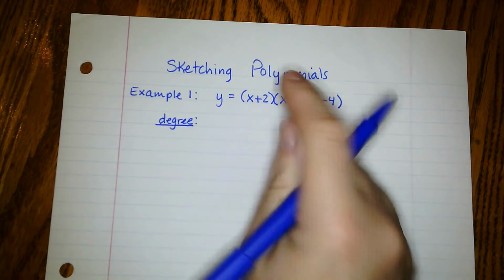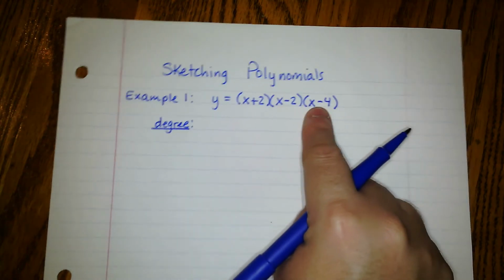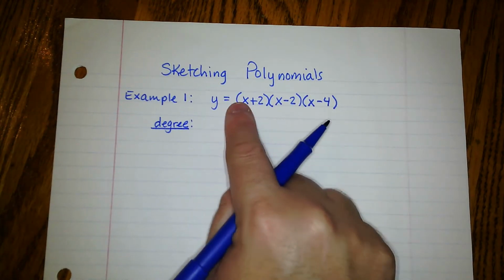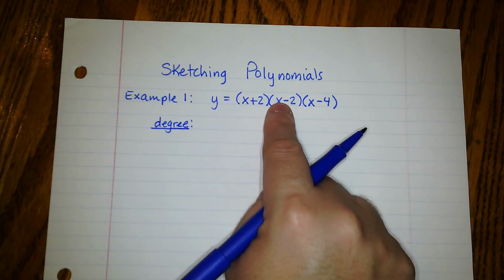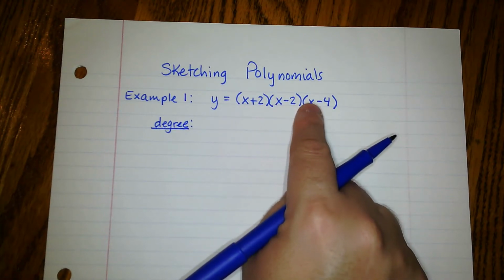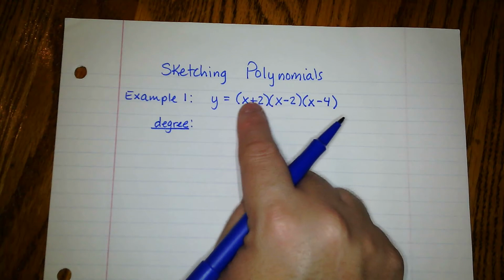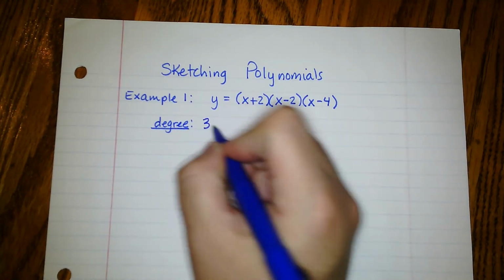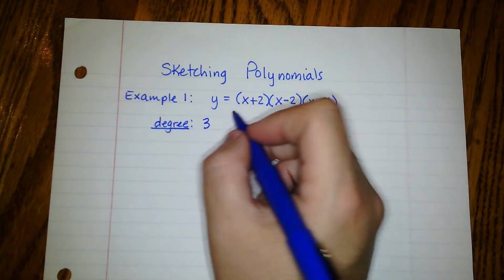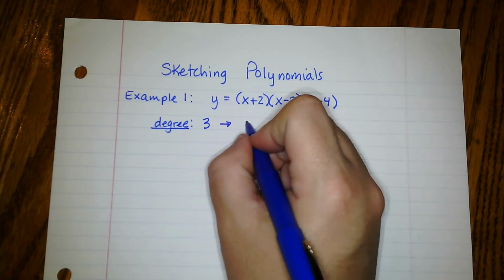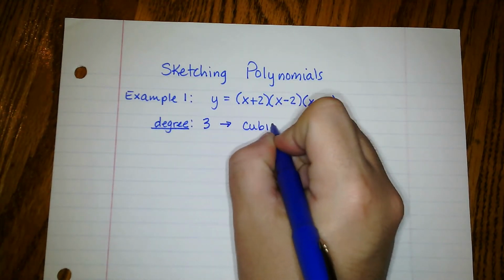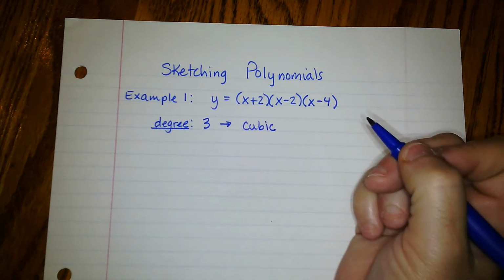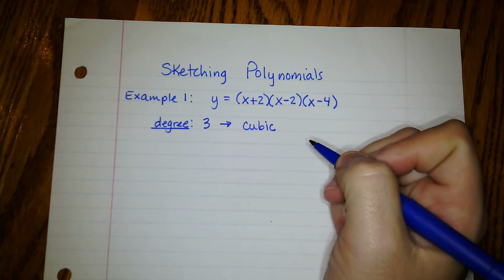So if it's in factored form already, you just have to count the x's. So here's an x times an x times an x. So that means that we have an x to the third, which means we have a degree of 3. And that means that we are dealing with a cubic. Remember that the basic shape for a cubic looks like a lightning bolt.